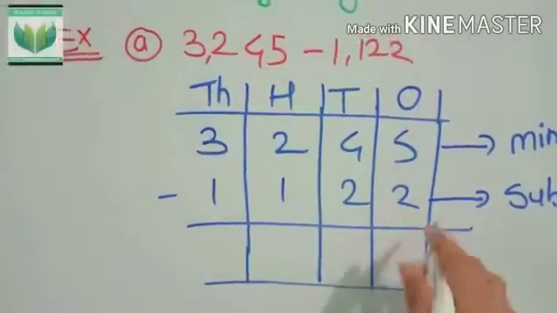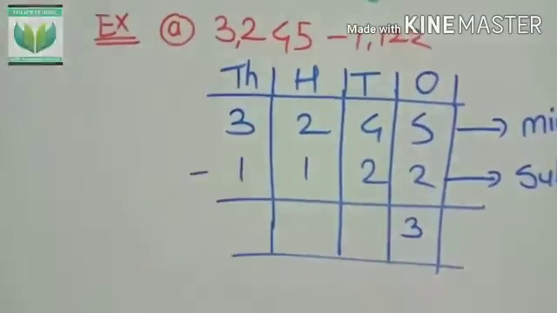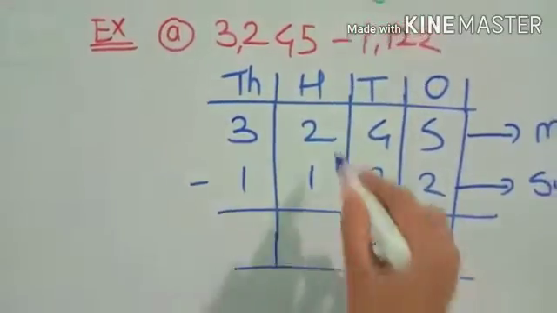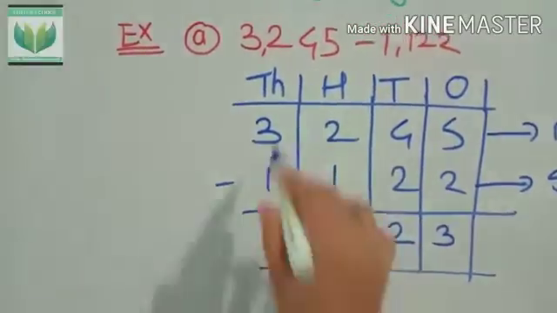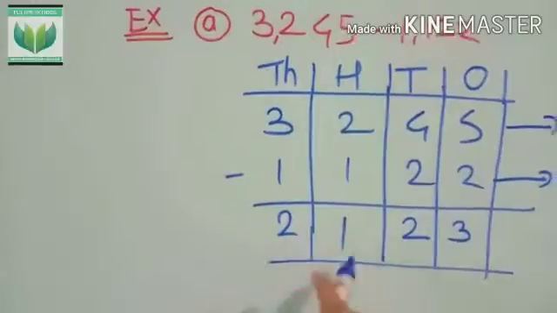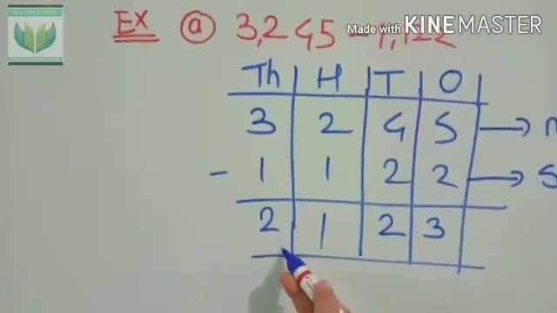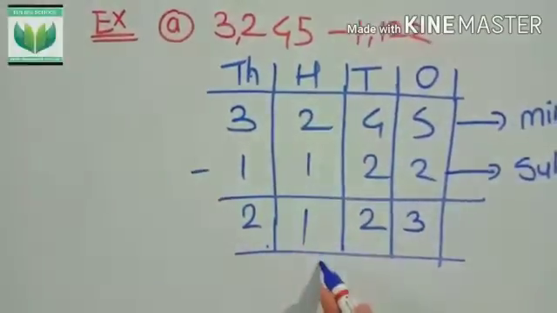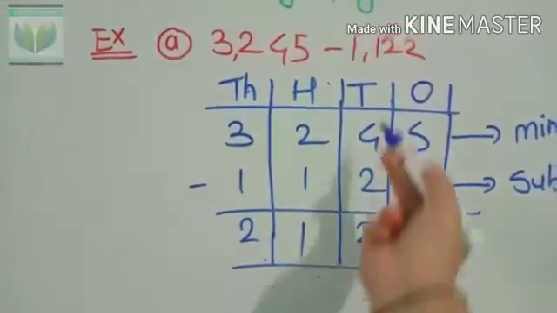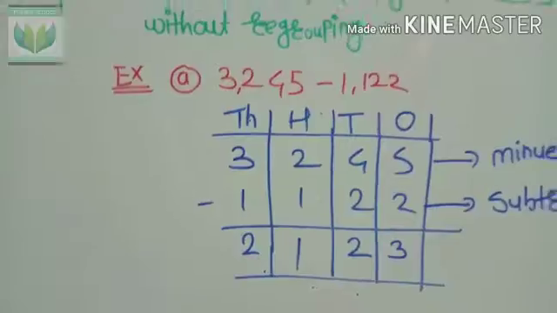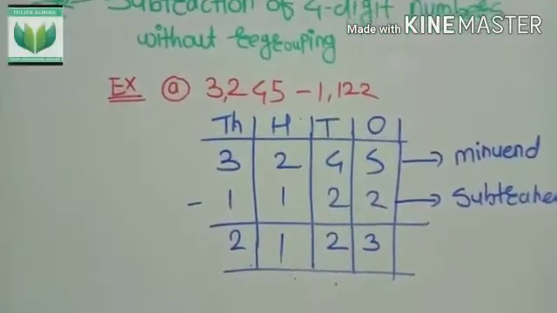We know that 5 minus 2 is what? 3. 4 minus 2 is 2. 2 minus 1 is 1. 3 minus 1 is 2. Now what is the answer? 2,123. Okay. Now let's see another example.